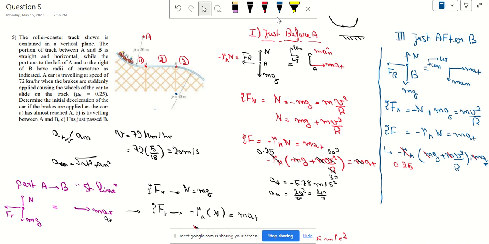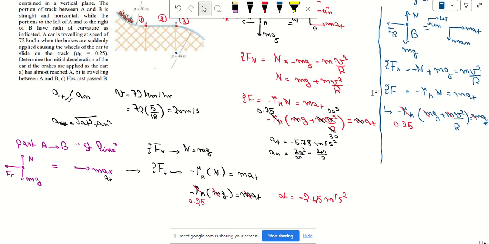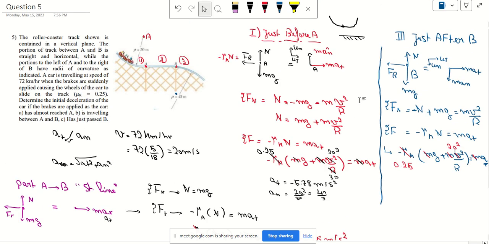This is V naught. Okay, I guess yes, it will be 72, so it will be the same as previous. So this will be 20 squared. Let me check if we have finished the session. If this one is not correct, I will resend it to you, but I guess it's the same.